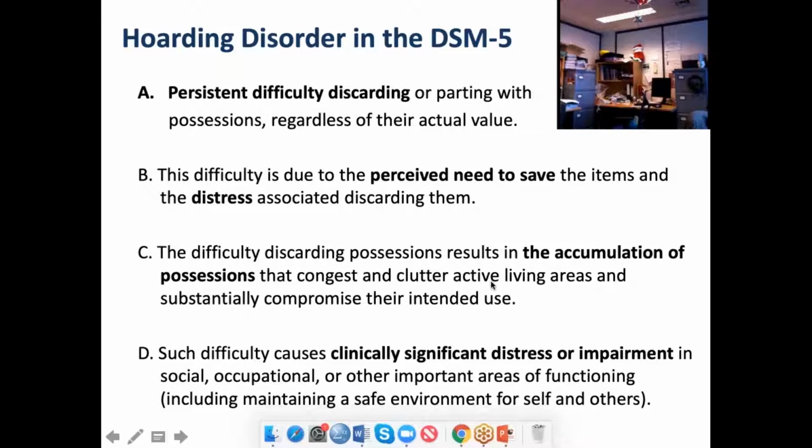So then the third criterion here is the difficulty discarding possessions results in the accumulation of possessions that congest and clutter active living areas and substantially compromise their intended use. As you can kind of tell here, criterion C is almost like how severe the situation needs to be in order for us to diagnose someone with a mental health disorder.